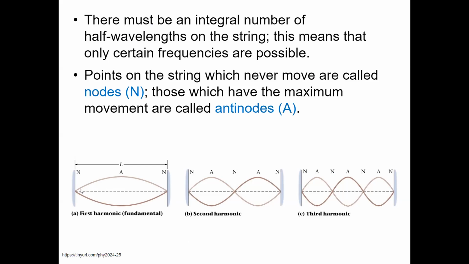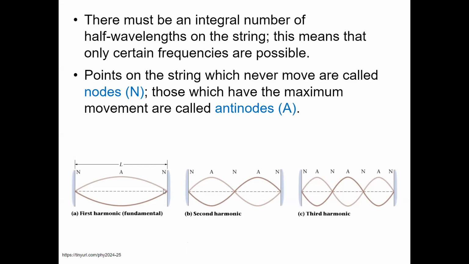So this is the first one. If you have a standing wave like this in a string, this is the first harmonic, also called the fundamental. Now you can have another scenario like this. The second one has nodes at the two ends, then an additional node in between, and two antinodes over here and there. This is called the second harmonic. When the two ends are fixed, you have nodes at the two ends, and you might have additional nodes in between.